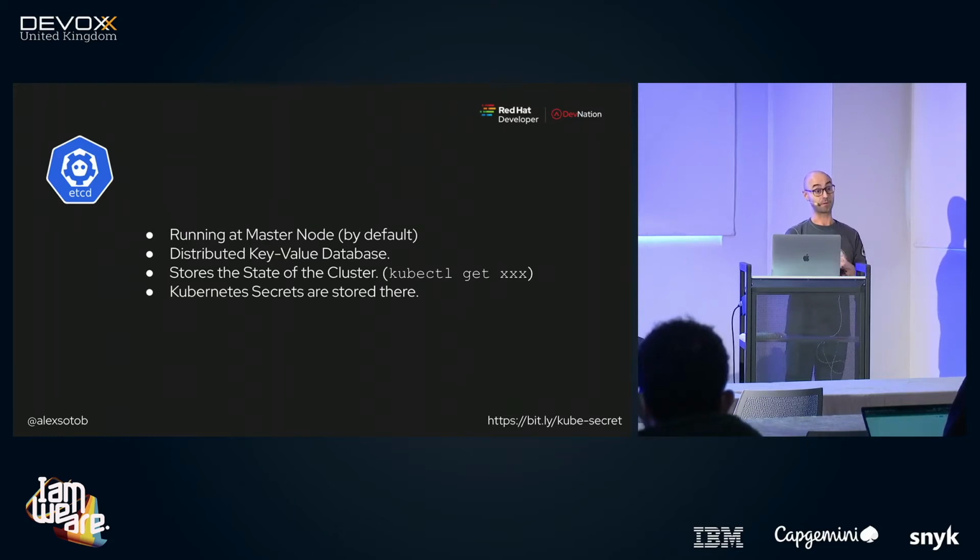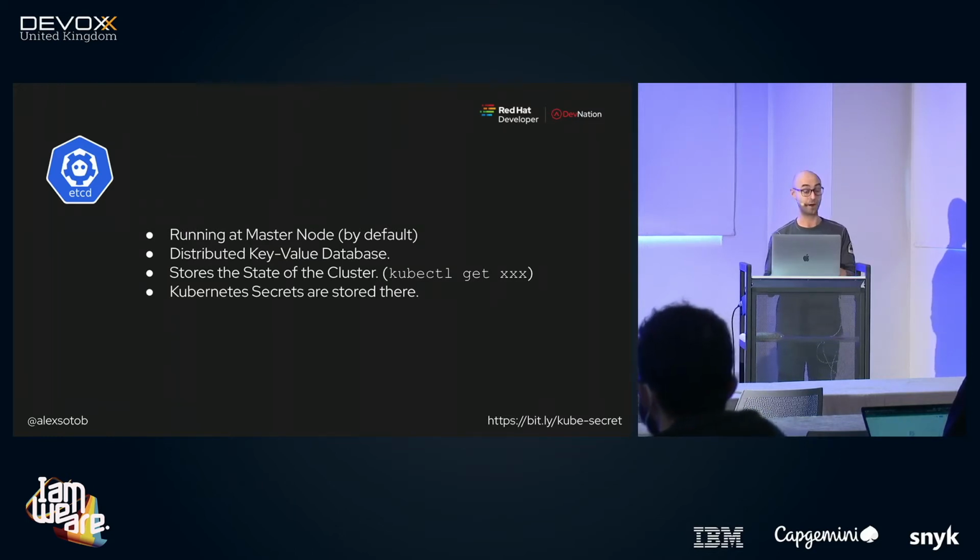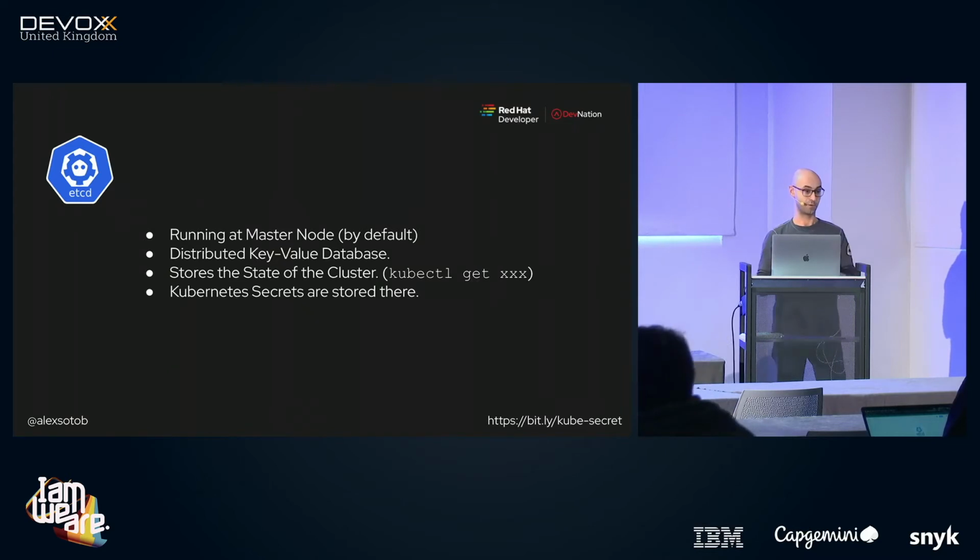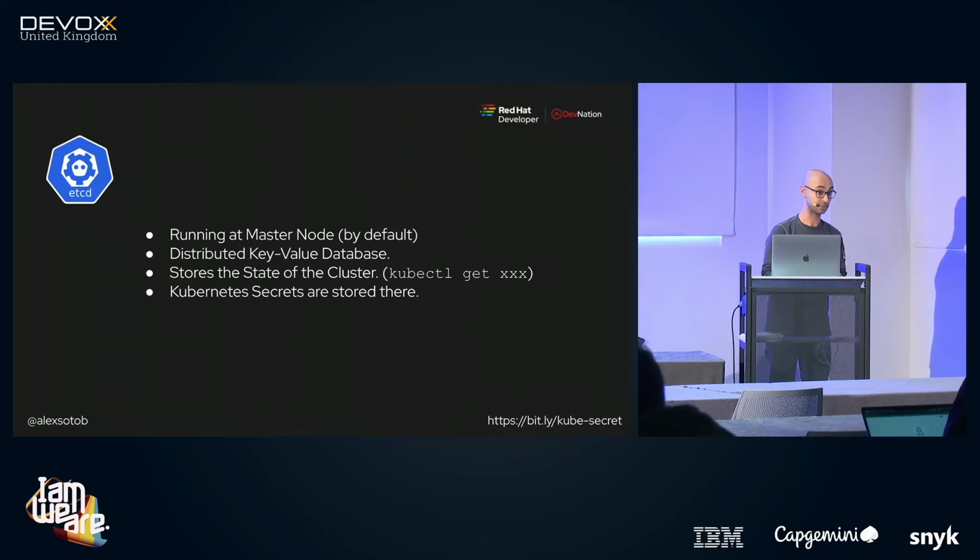And one of the things that are stored there are the secrets. When we do a Kubernetes secret, we'll see now, these secrets are stored in etcd. And you see that if etcd is compromised, your secrets are compromised as well.